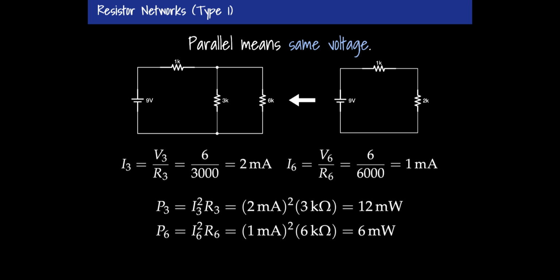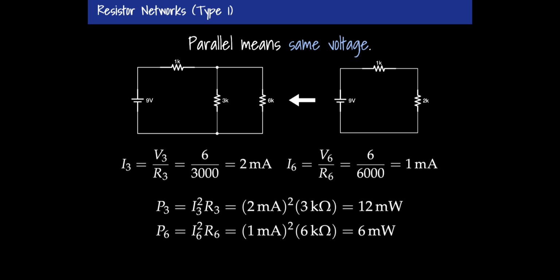It's all very self-consistent, and it makes a lot of sense. I'll look at these powers while I'm at it. The power in resistor 3, I can do I3 squared R3 to calculate that. That's 2 milliamps that I just found, squared, times 3 kilo ohms, which is 12 milliwatts. And I'll do the same thing for 6. In 6, the current is less.